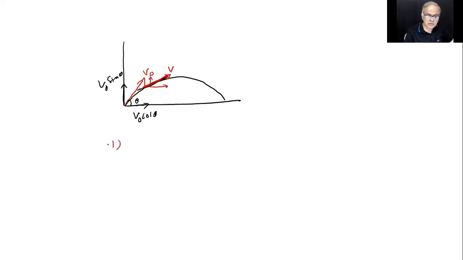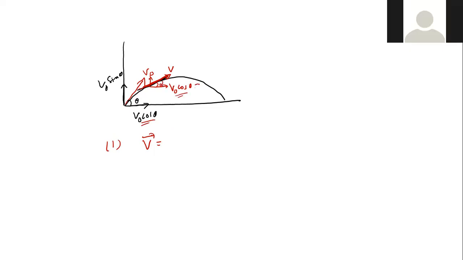Now the first one we wrote was velocity as a function, isn't it? So V bar equals, I should write like this. This component is how much basically? V0 cos theta, isn't it? It is V cos alpha, but that's equal to V0 cos theta. Do you remember?